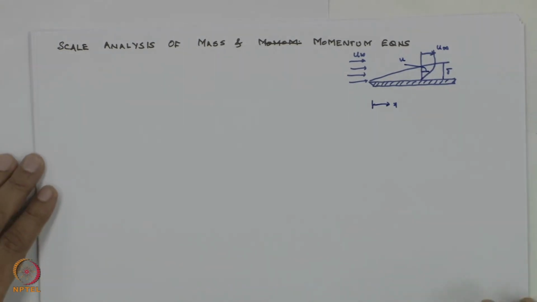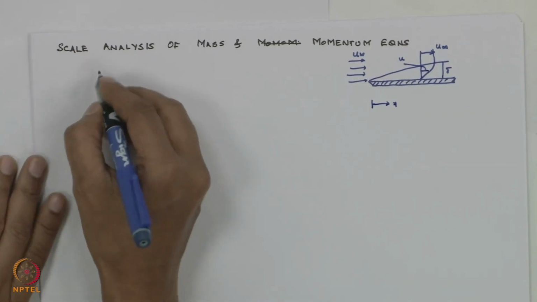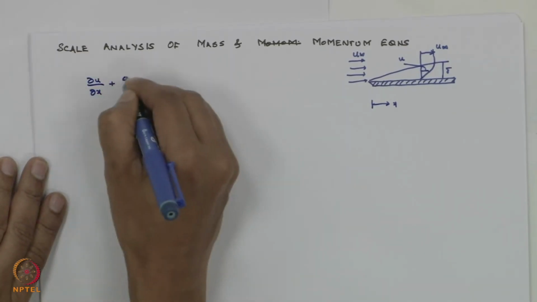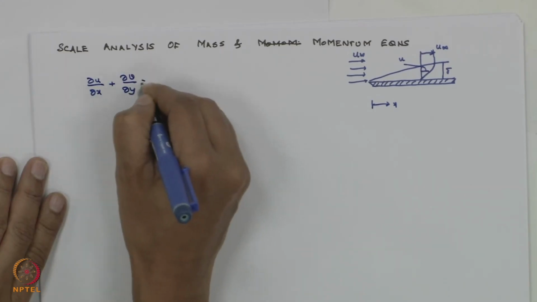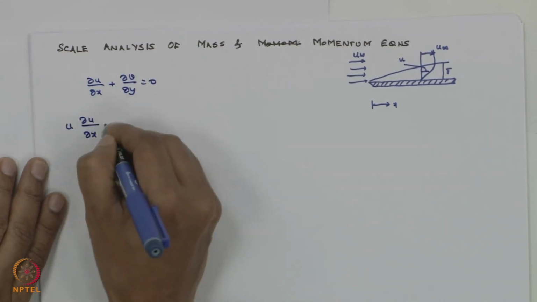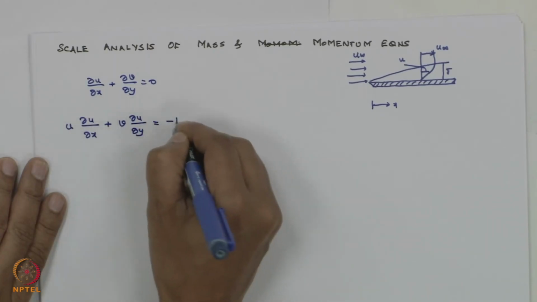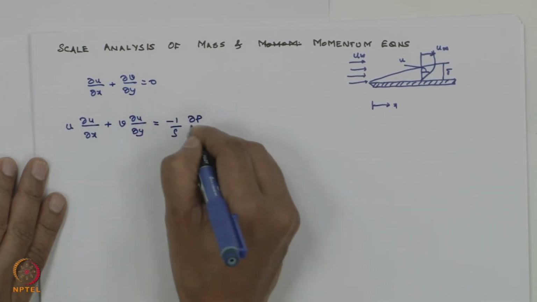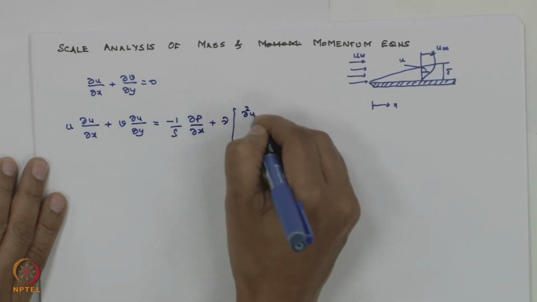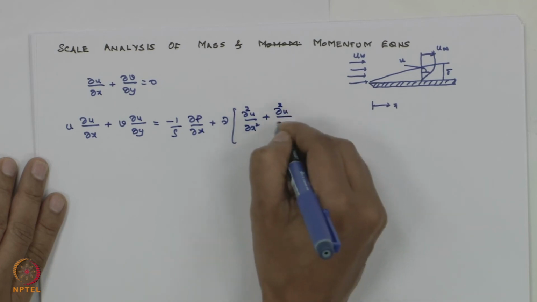Remember, let us write those equations: del u by del x plus del v by del y equal to 0, which we got. The x momentum equation is u del u by del x plus v del u by del y equal to minus 1 by rho del p by del x plus nu times del squared u by del x squared plus del squared u by del y squared.